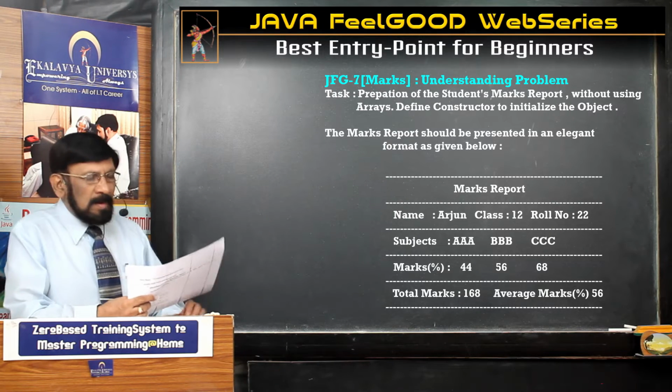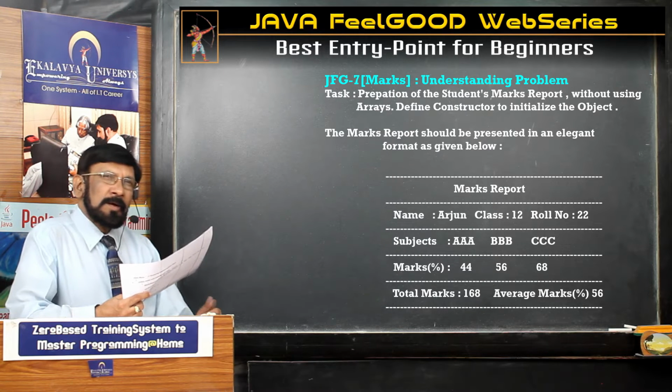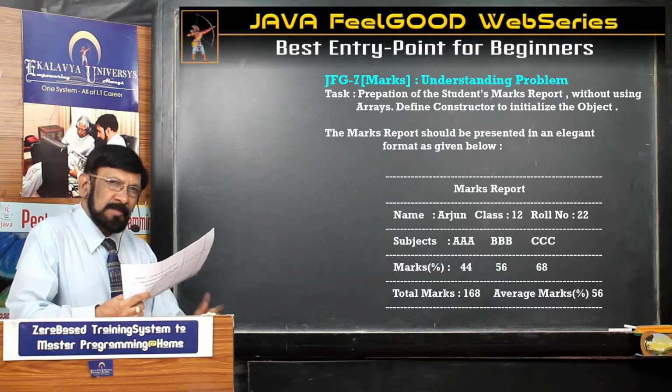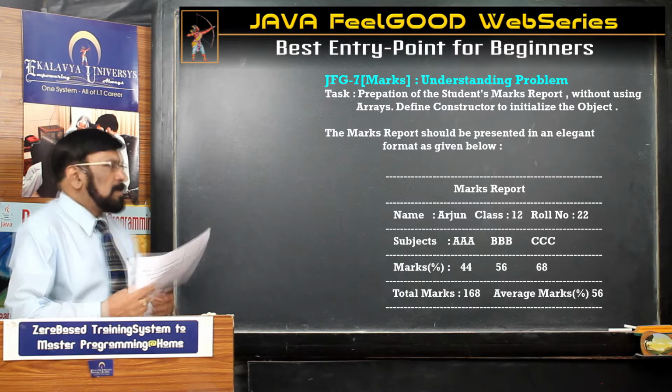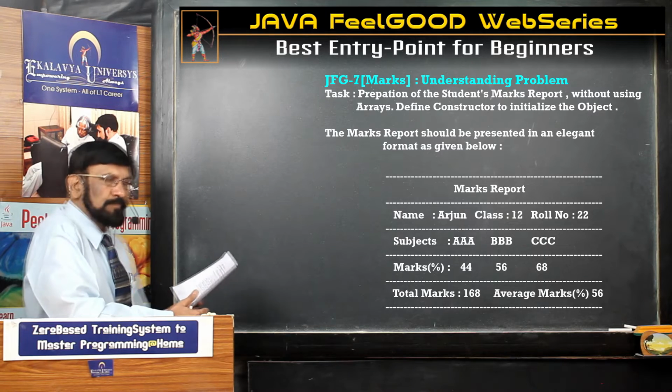Now, let us analyze that. In order to write that, how many variables do we require? First we count that. Now, 3 plus 3 plus 3 plus 2.